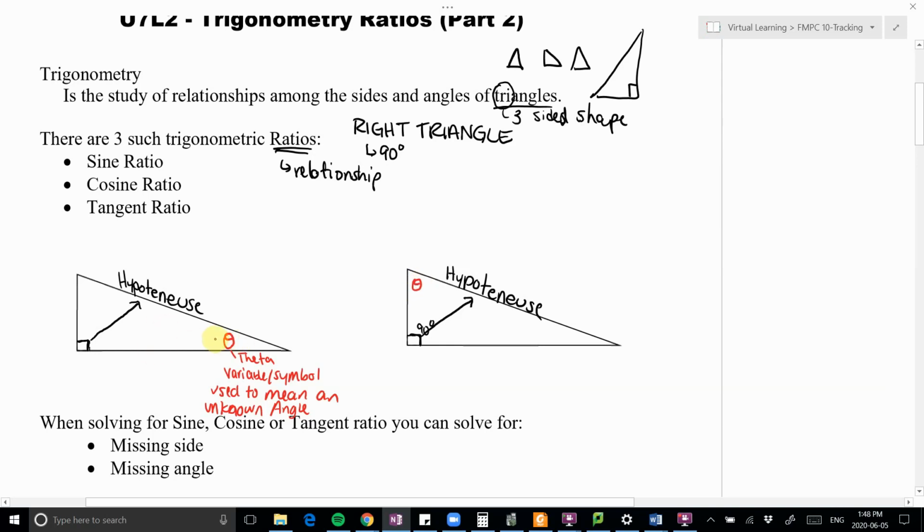So if this is my unknown angle, the opposite is going to be across from my unknown angle. So that's my opposite. It's opposite the angle. My adjacent is going to be attached to that unknown angle.